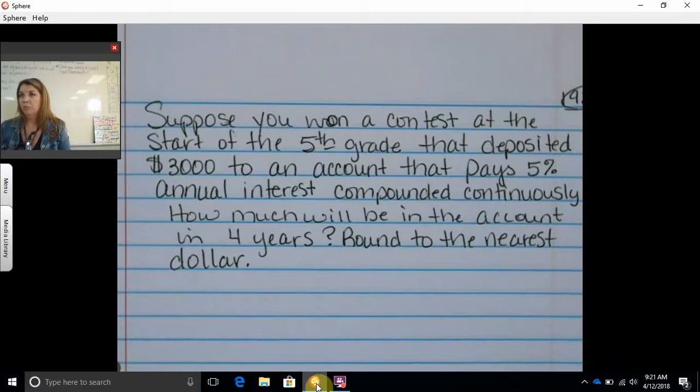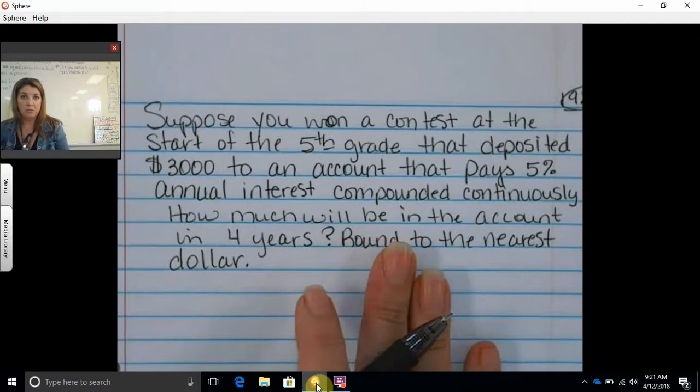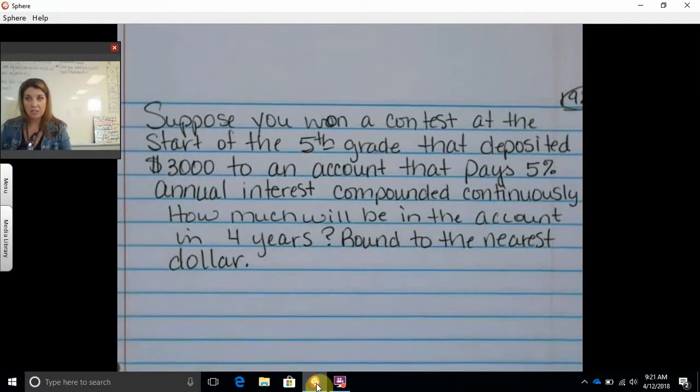We won't have to write it down. But I'll show you if it was just compounded once a year, how it makes a difference in how much is in the account. Now, it might not make a huge difference in 4 years, but in 30 years, the longer the time goes by, the bigger a difference it's going to make. Compounded continuously is going to make you more money than just compounded once a year.